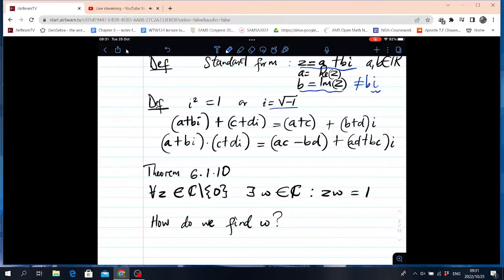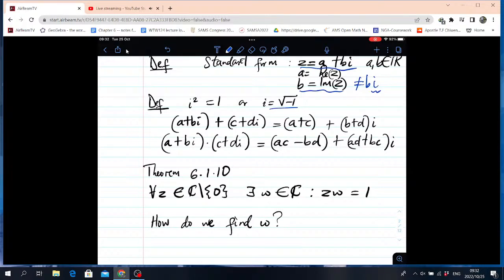And then we've got two operations. One is addition, and then the other one is multiplication. We know how to do this. We saw how to do the multiplication. And then we had a theorem, and the question that we asked was, can we divide two complex numbers?